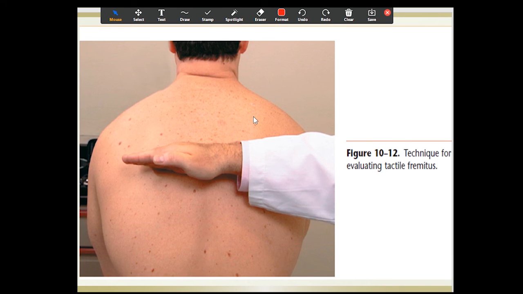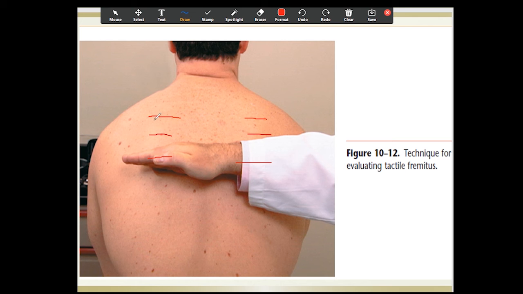Like the picture here, we put hands and compare left side and right side, at the same level, starting from here, and then moving to here, and here. We can tell the patient to say a long E sound, or 99, or 111.